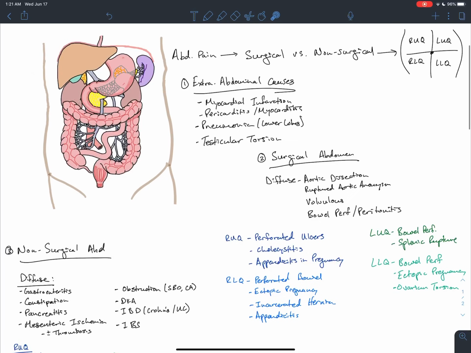Looking at the right lower quadrant, you can perforate a bowel and spill poop into your abdominal cavity. Ectopic pregnancy is a super important one because it can cause a lot of mortality.